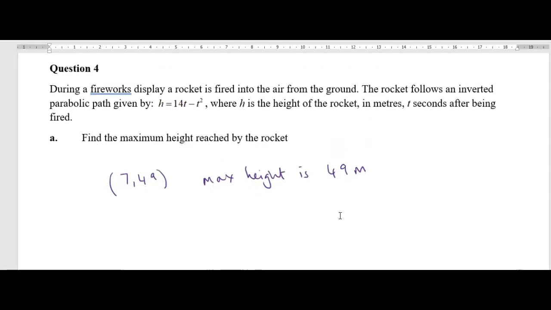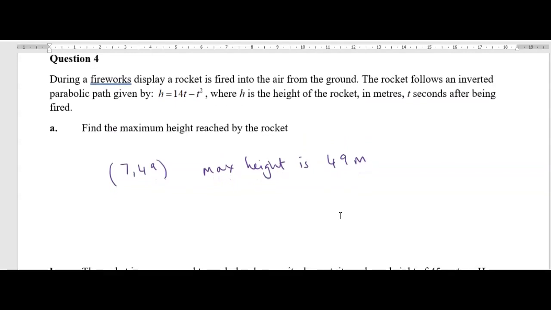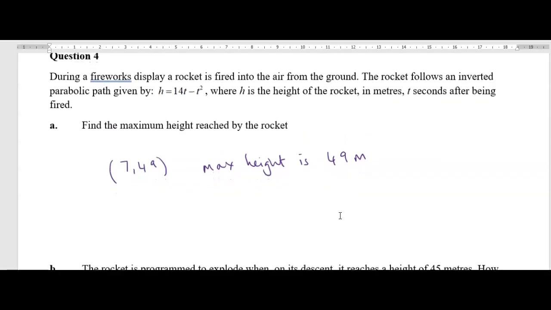Okay, so I would probably just make this a 1 mark question, but because it's worth 3 marks, you would have to probably show how to complete the square, or you could factorize it. And then find the turning point that way. All right, what I might do is, just because I think factorizing is probably going to be the easiest option, take out t as your common factor, and then I'm left with 14 minus t.